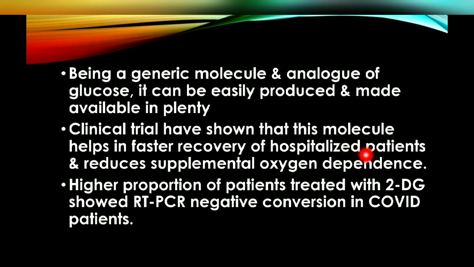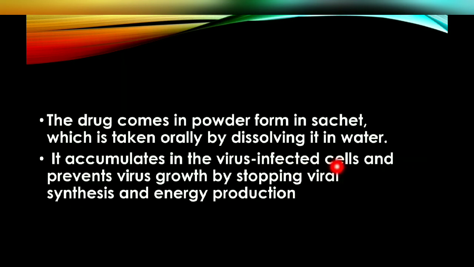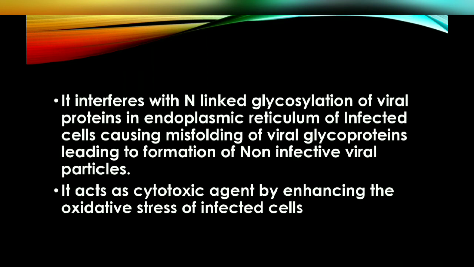Trials have shown that people who have used this are recovering faster, and supplemental oxygen dependence is also low. A higher proportion of the patients treated with 2-DG showed RT-PCR negative conversion in COVID patients. So this comes in powdered form. We have seen what happens. It accumulates in the viral infected cells and prevents the virus growth, stops its synthesis.